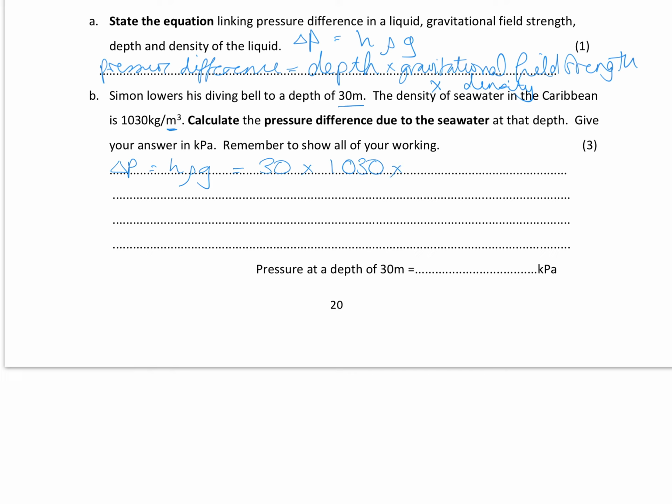And then on the front of the paper it says use g is equal to 10, so g is equal to 10 newtons per kilogram, and if you calculate that, then you find that you get 309,000 pascals, which of course is 309 kilopascals, because 1,000 pascals is a kilopascal, of course. So that's 309,000 pascals. So 309 kilopascals. Splendid.